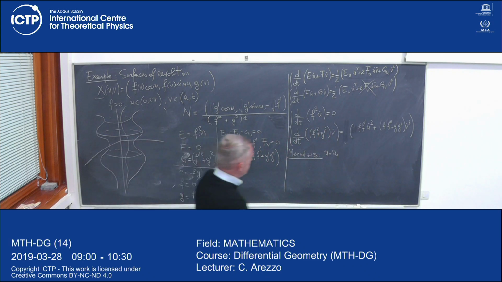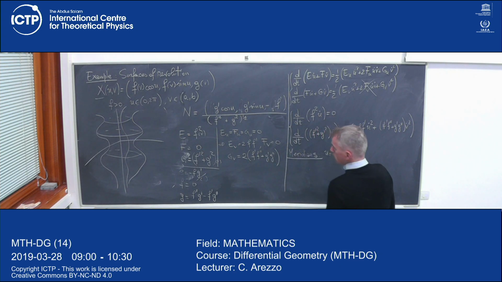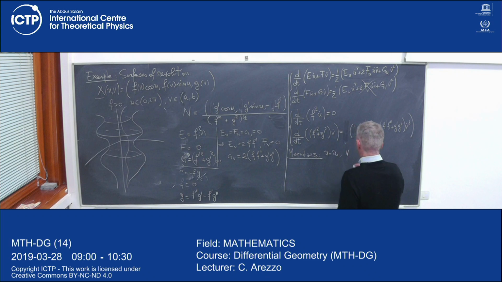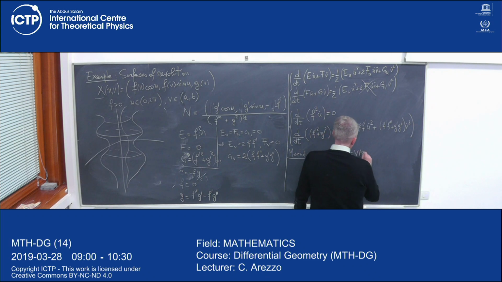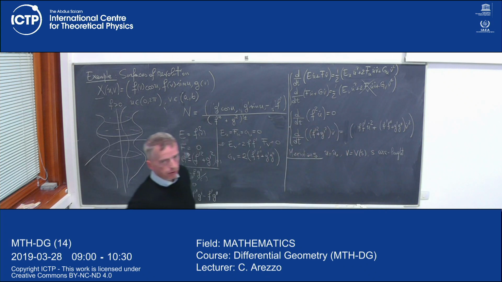And now finally let me assume v is v of s, where s is arc length. This is a bit different from what I was saying before. It's not v which is the arc length parameter; it's v of s, which will be a function.